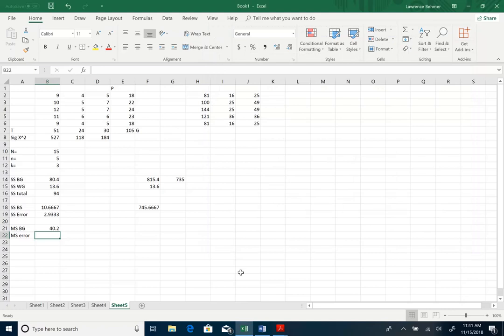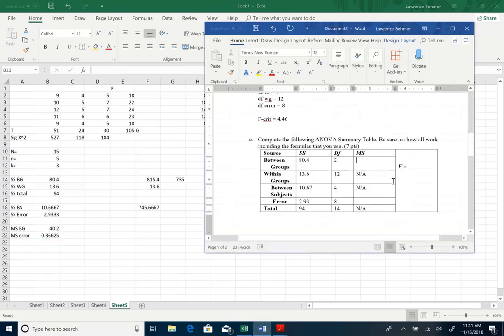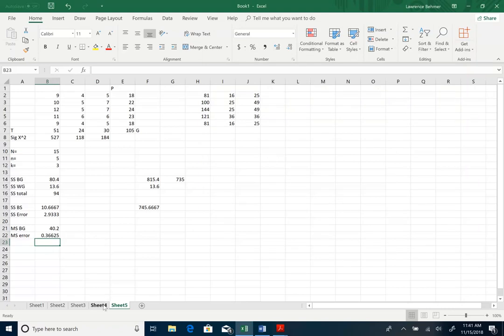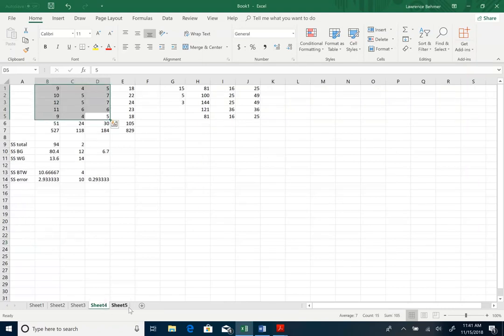So 2.93 divided by 8. We get a mean square of 40.2 and an error term of, we'll call it, .37. Now if we divide our between groups mean squares by our error mean squares, we're going to get our F value, and it's going to be a pretty big value.